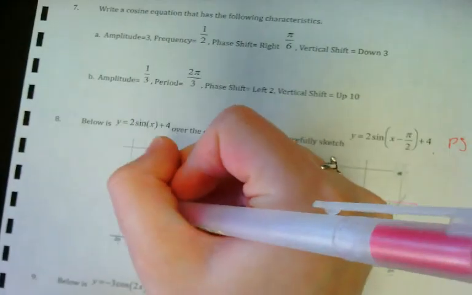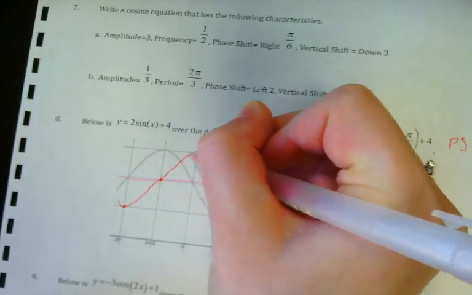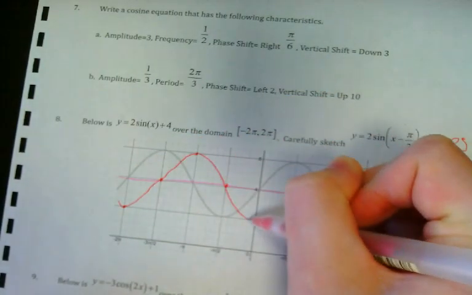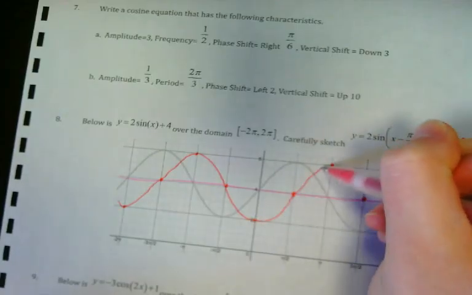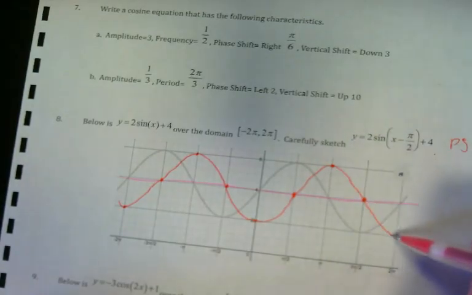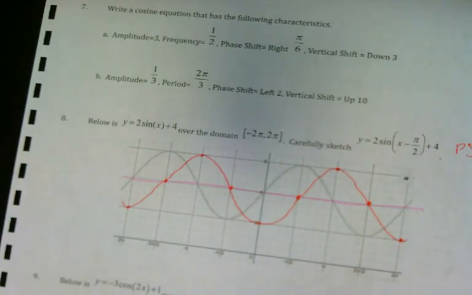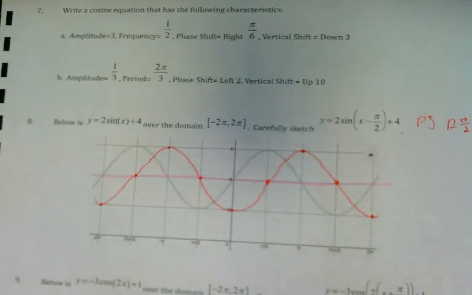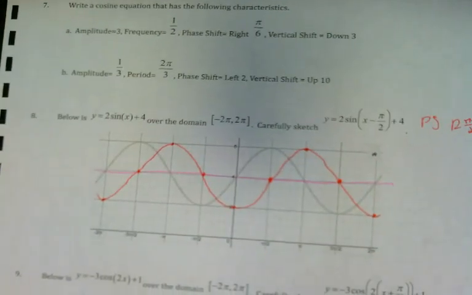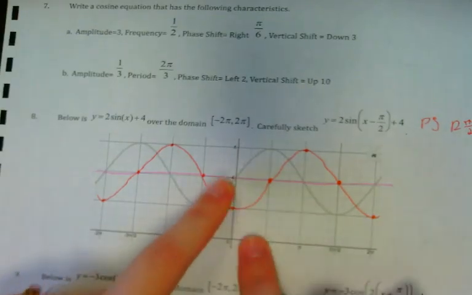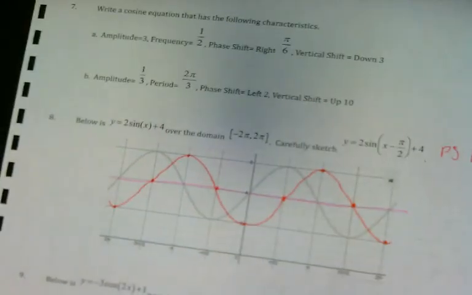I can easily just trace out my function. Okay. I just looked at my points here, saw the points I knew, just shifted it right, pi over 2.